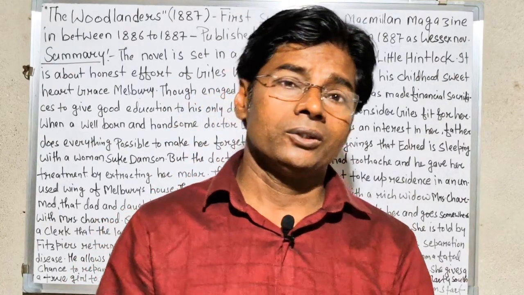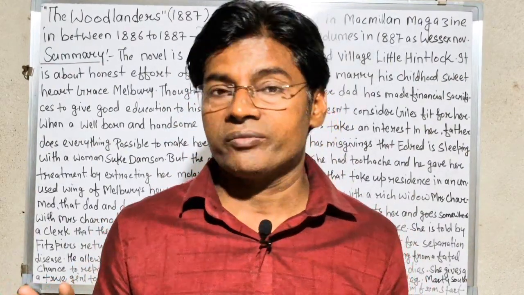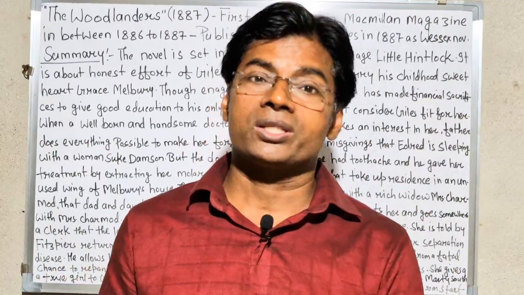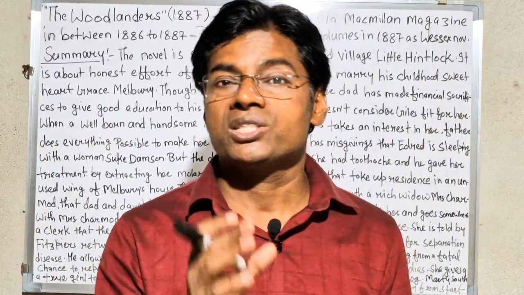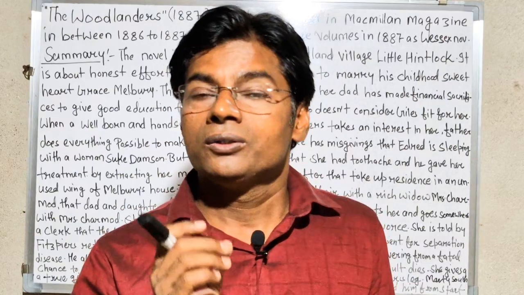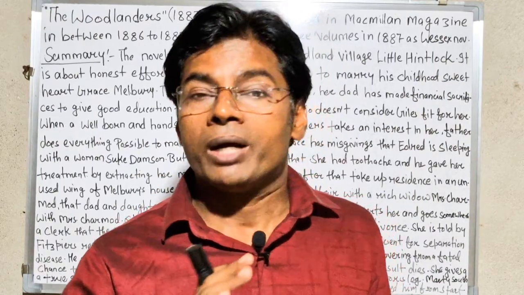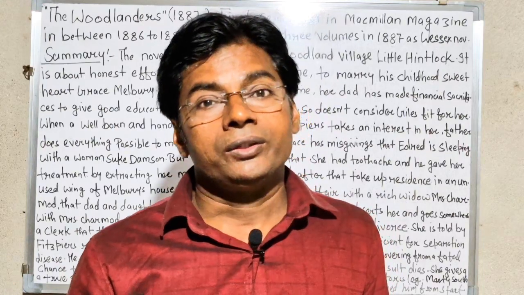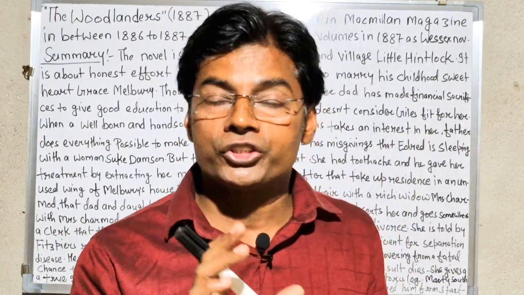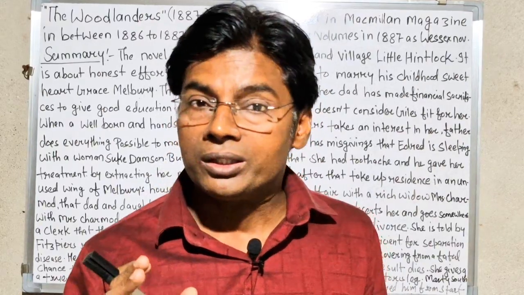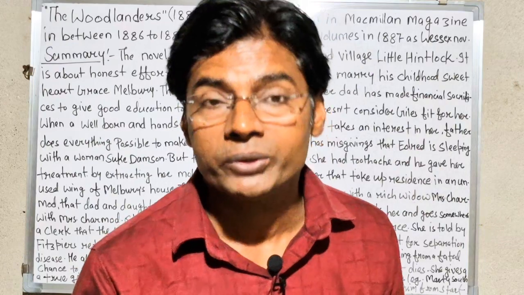So he says that no, I have no affair with that particular lady at all. She was in my hut only for getting treatment for her toothache, and in this way he clears away all the doubt and confusion of this young beautiful girl, Grace Melbury.